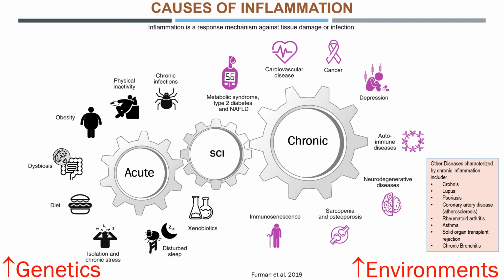Types of disease that are associated with chronic inflammation include metabolic syndrome, type 2 diabetes, non-alcoholic fatty liver disease, cardiovascular disease, both coronary artery disease as well as blood pressure, cancer, depression, autoimmune disease, neurodegenerative diseases such as Parkinson's and Alzheimer's, sarcopenia and osteoporosis, and immunosenescence or old age.